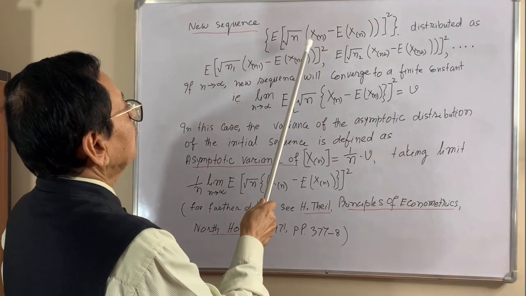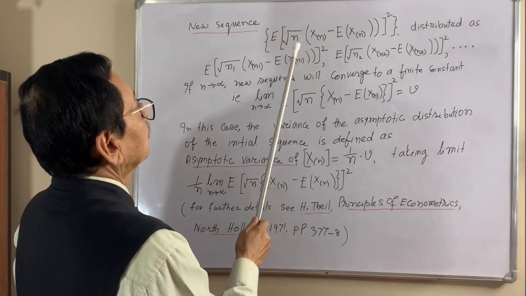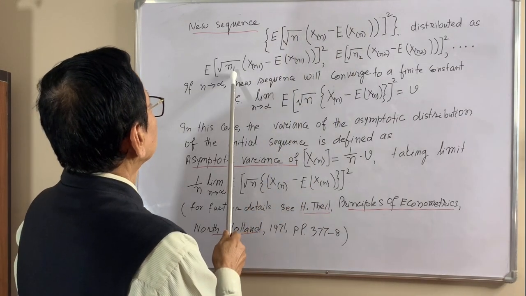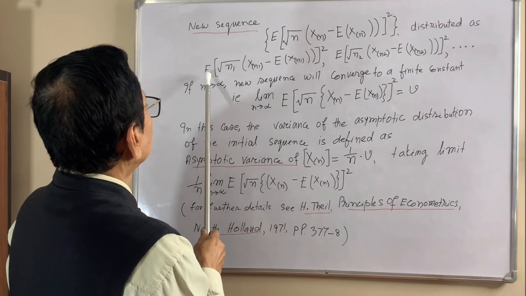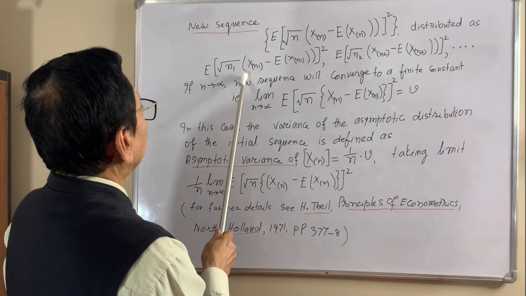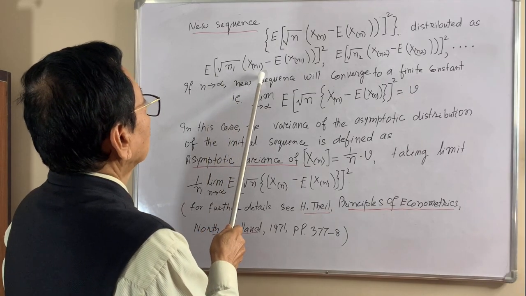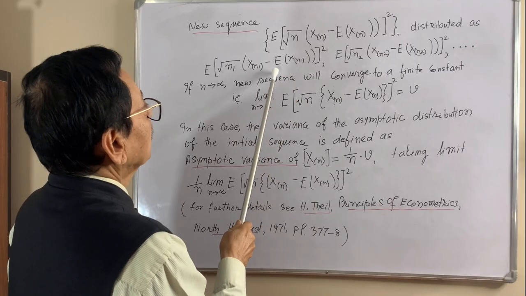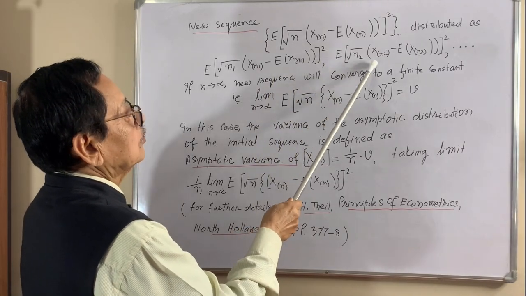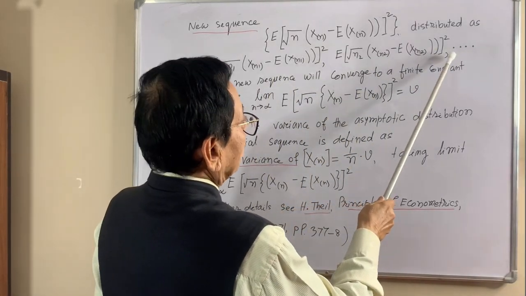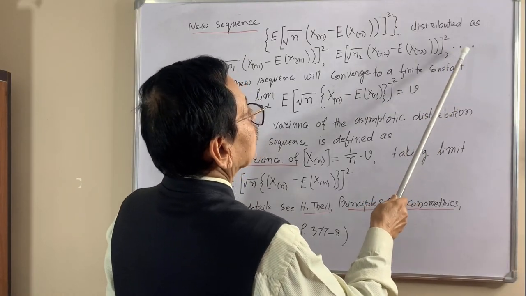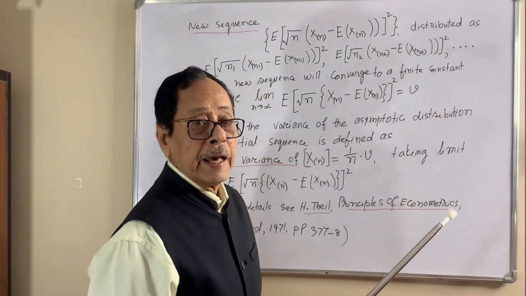So for n1 it is the expected value for n1 multiplied by this variance, then secondly for n2, next for n3, and so on up to nt.